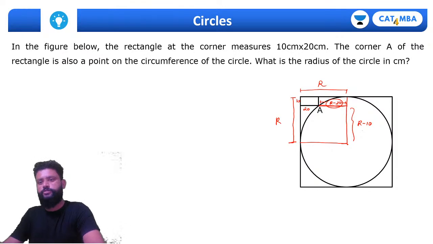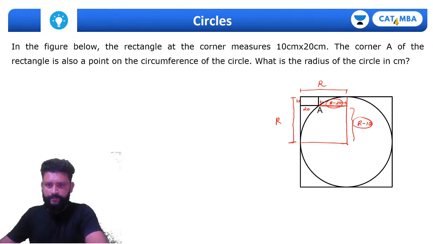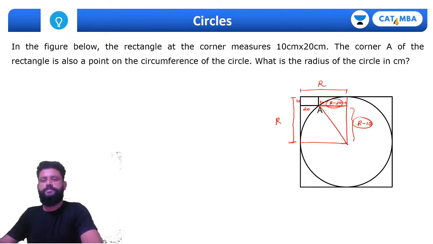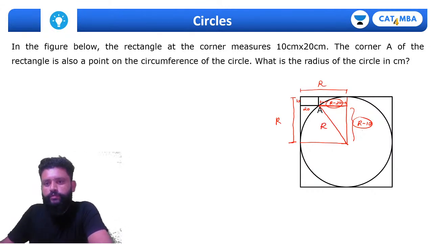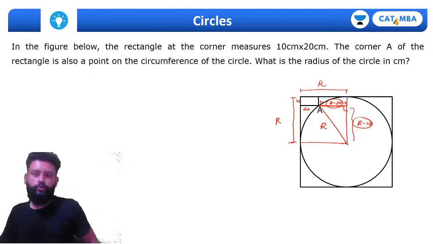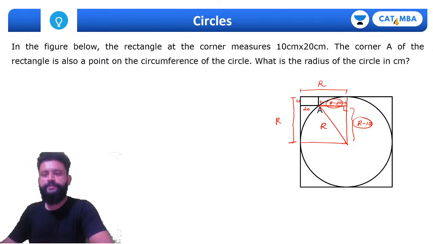Okay, so this is r minus 20, this is r minus 10 and this is radius. And hopefully after this, nobody will have any doubt in this question.